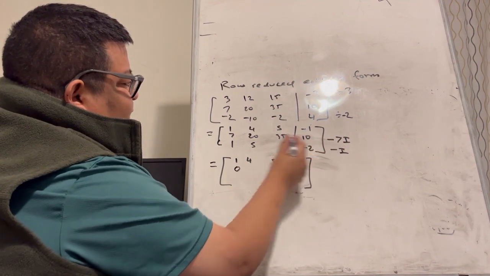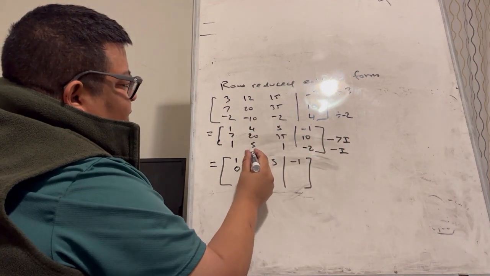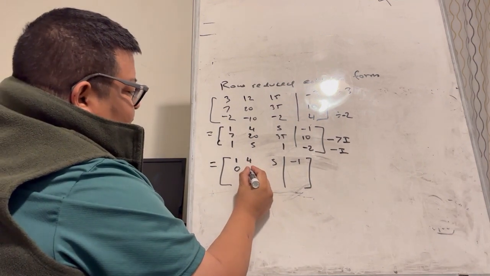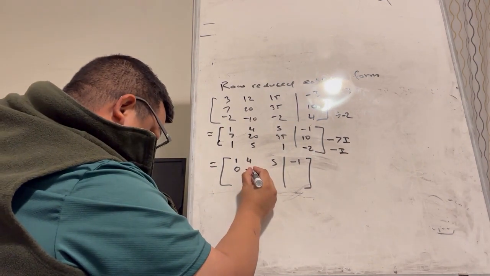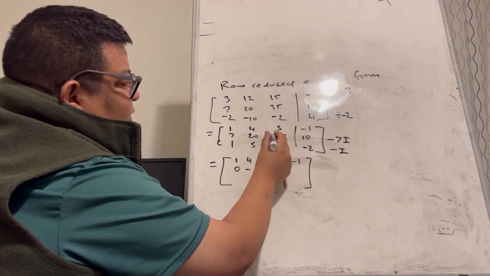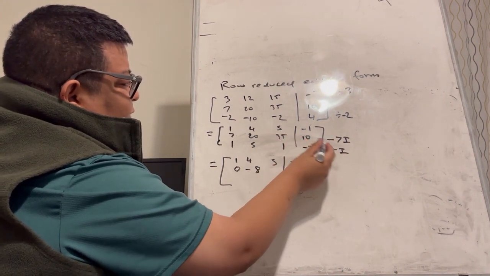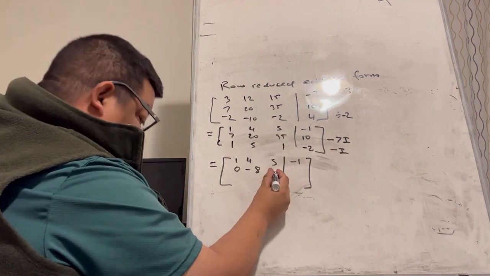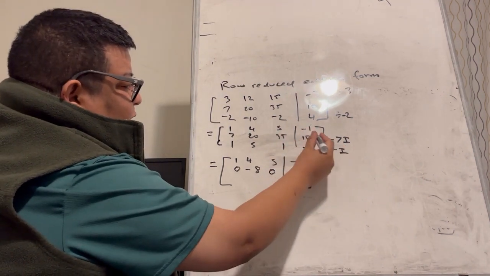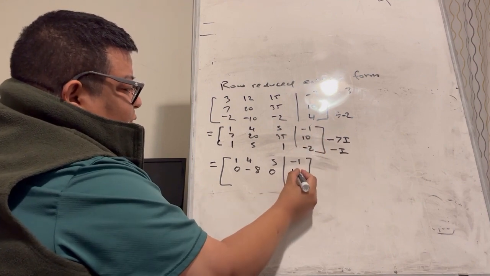Then -7 times 4, that's -28. -28 plus 20, that's gonna give you -8. And then -7 times 5 is -35, so that gives you 0 here. And then -7 times that 7 gives you 17.